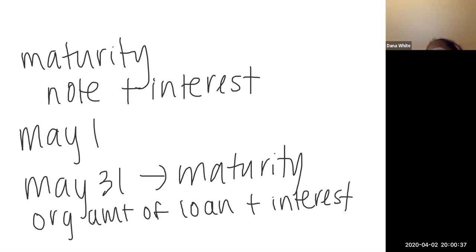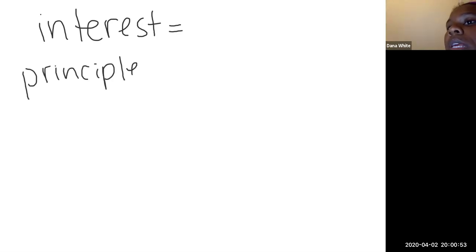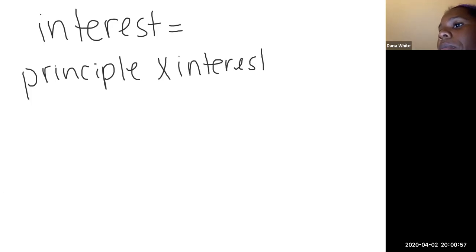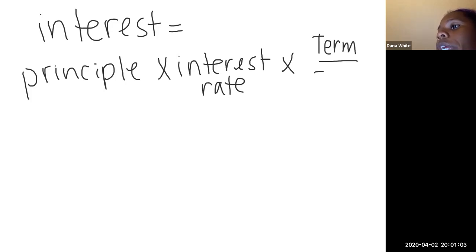Okay, now for a second, let's talk about how to calculate interest. The way we calculate interest is going to be this formula here: the principal amount times the interest rate times the term over 360.